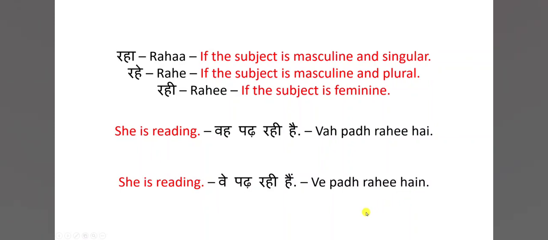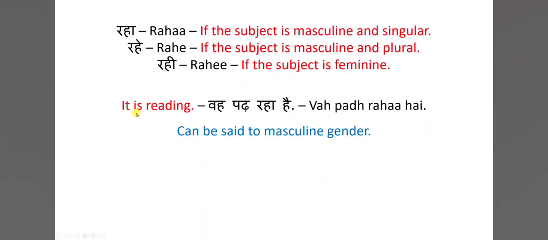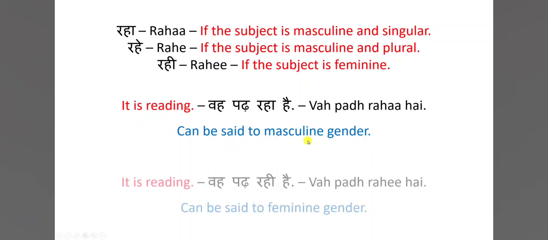Okay. Next, it is reading. वह पढ़ रहा है. वह पढ़ रहा है. वह is it, पढ़ रहा is reading, है is. You can say this sentence to something that is of masculine gender. वह पढ़ रही है. वह पढ़ रही है.